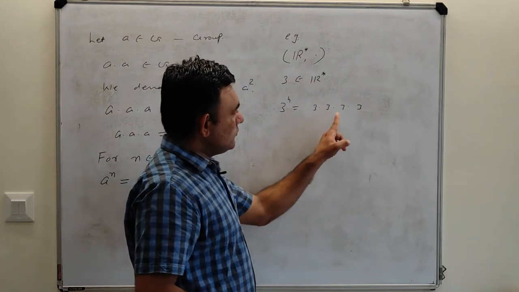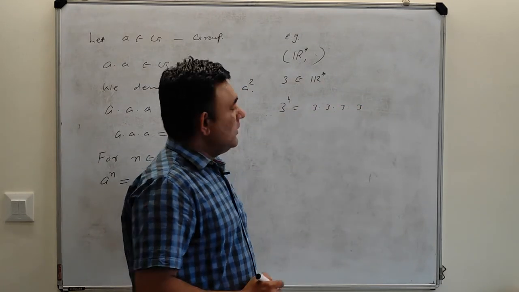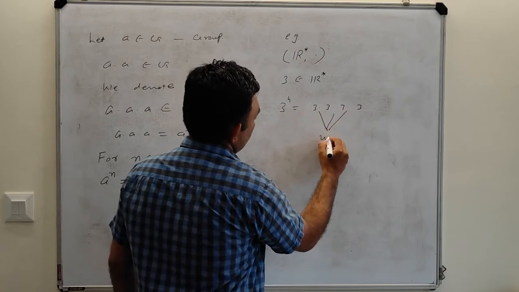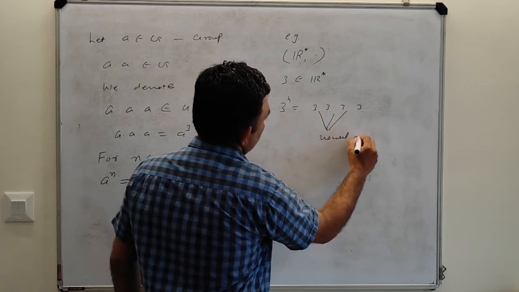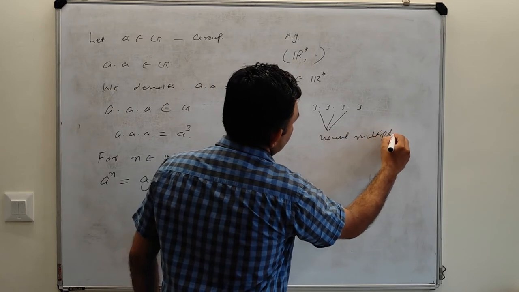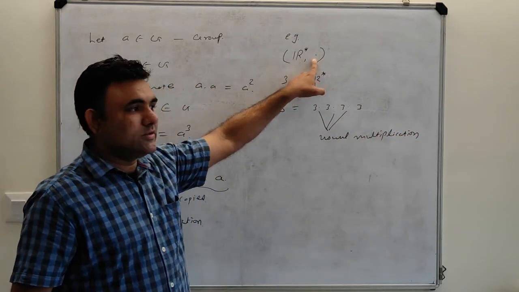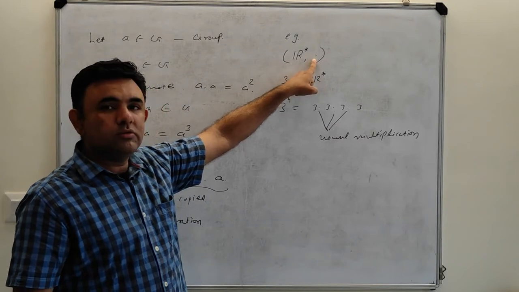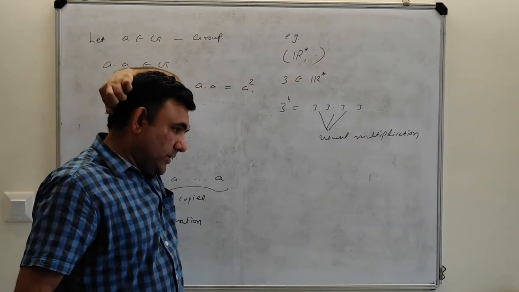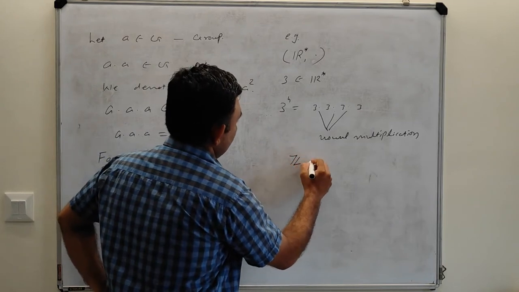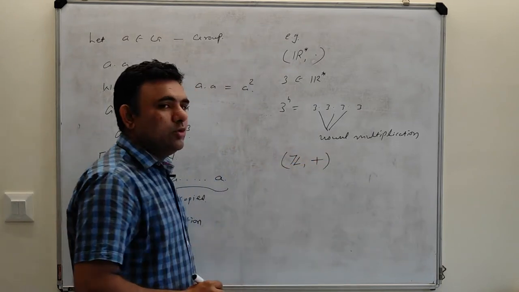This dot is my usual multiplication, which is the group operation here.